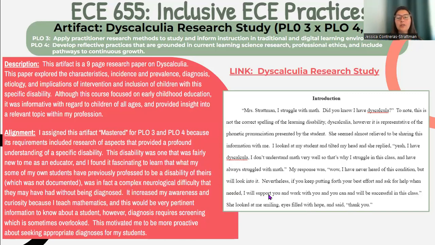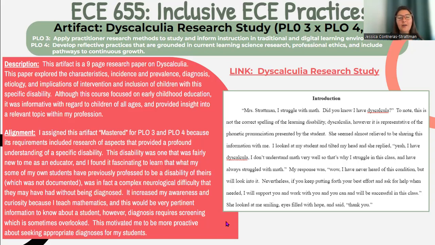This was all about inclusion. So we learned about several disabilities and the importance of creating an inclusive environment. And this artifact I chose was a 9-page research paper on dyscalculia, which I previously thought was pronounced a certain way, but it's a little bit different, is what it was presented to me; that's the information that was presented to me in this course, that it's pronounced a little bit differently.